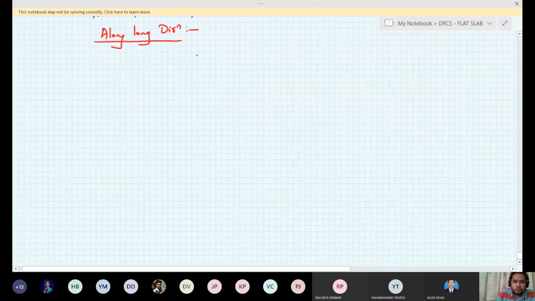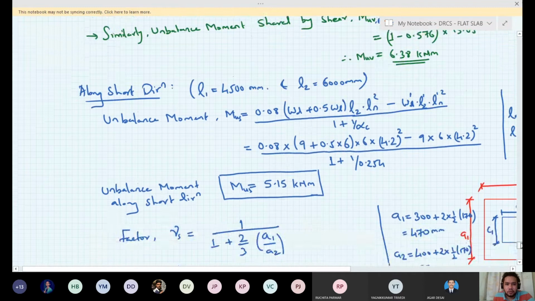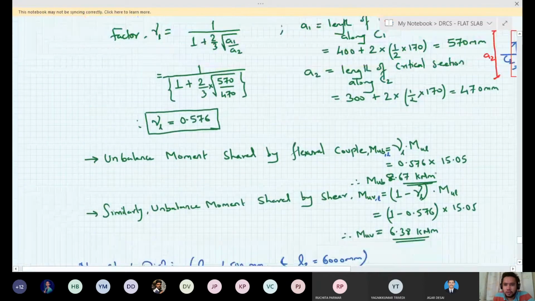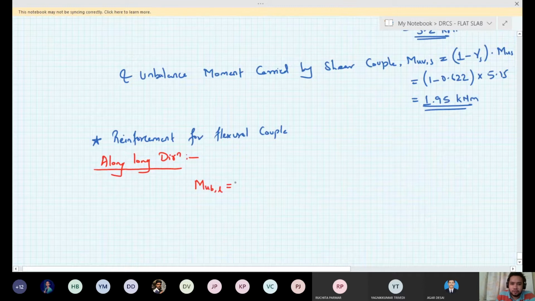We know that along the long direction, the unbalanced moment carried by bending, the unbalanced moment shared by the flexural couple, is 8.67 kilonewton meter. So you find the Mu by bd square.